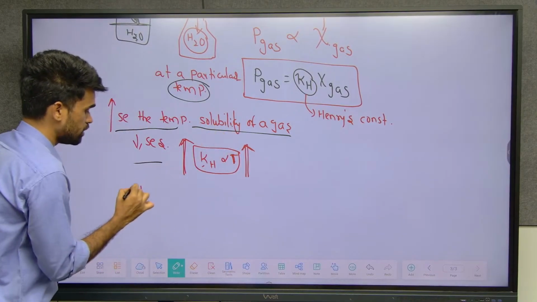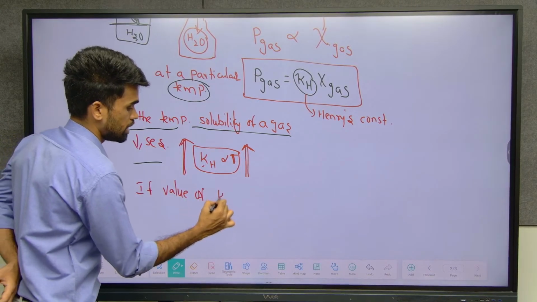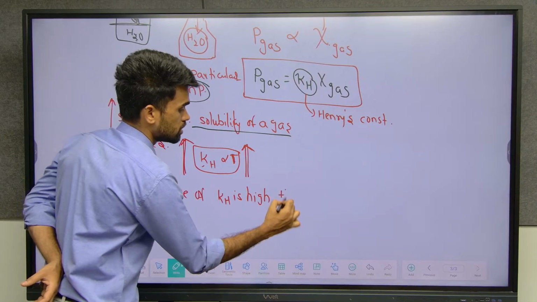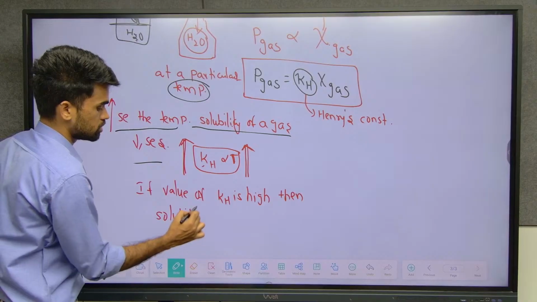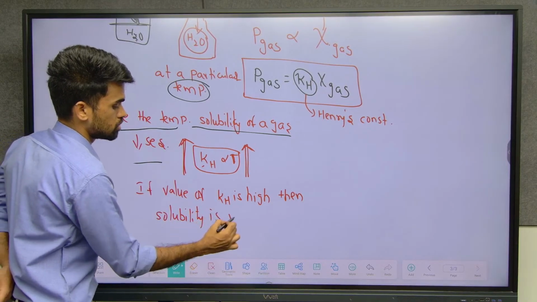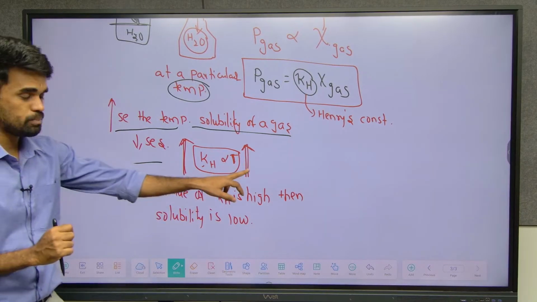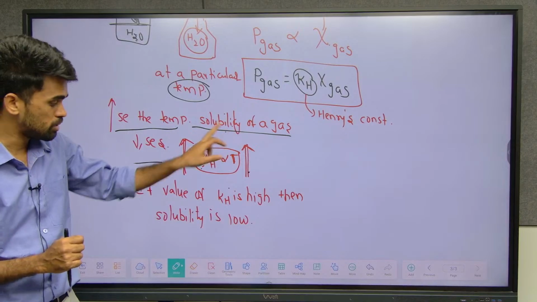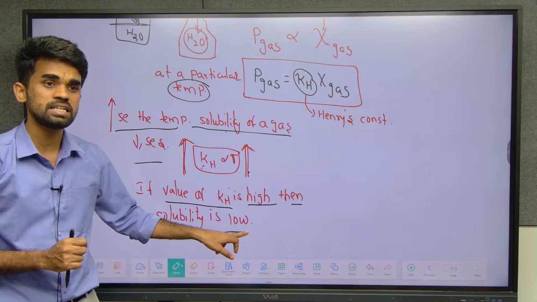So if the value of KH is high, then solubility will be low. Can we say like this? Everyone clear with what I am writing? High temperature, high KH, low solubility. So simply, if the value of KH is high, then the solubility of that gas is low.